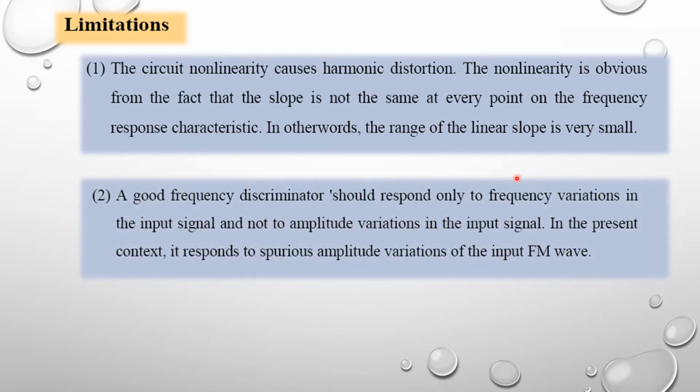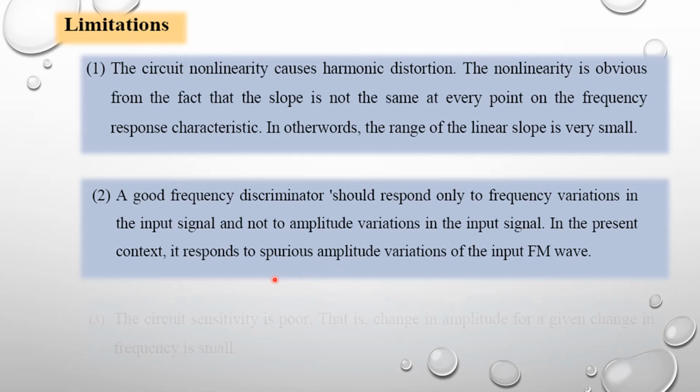The second limitation is that a good frequency discriminator should respond only to frequency variation in the input signal and not to amplitude variation in the input signal. In the present context, it responds to a spurious amplitude variation of the input FM wave.